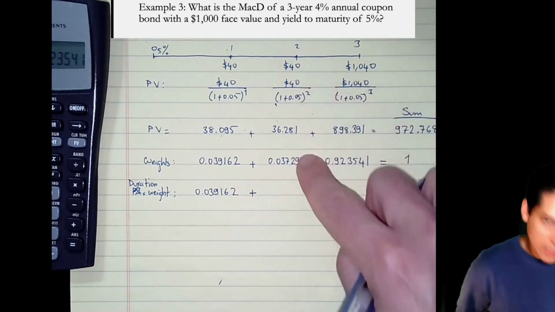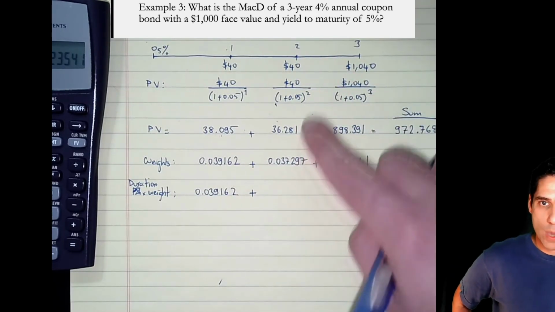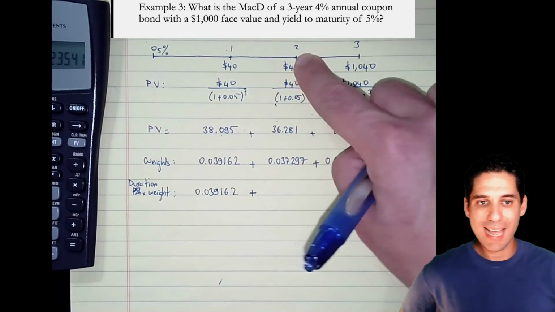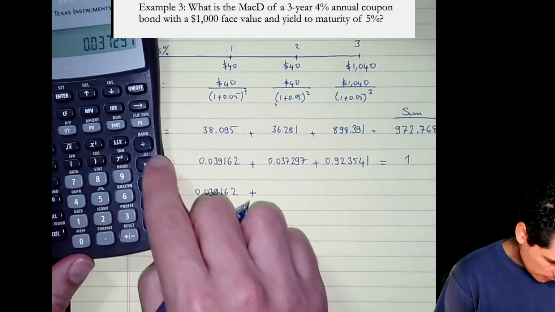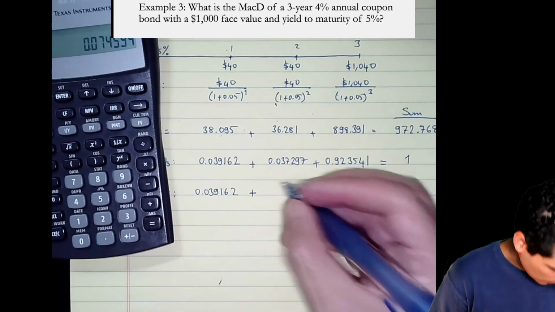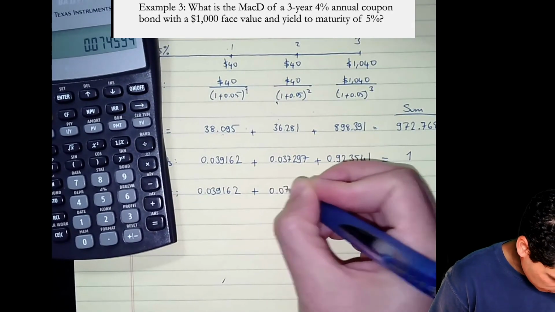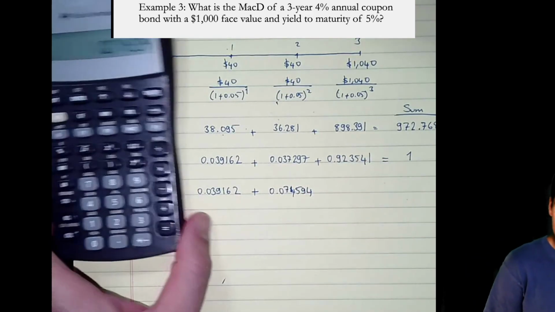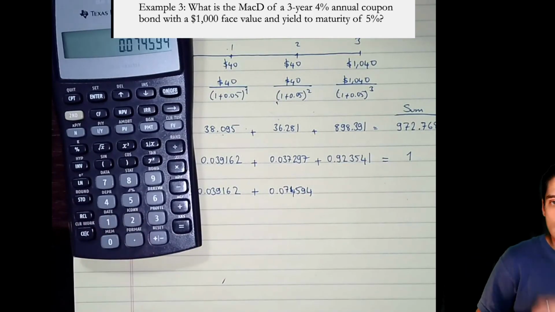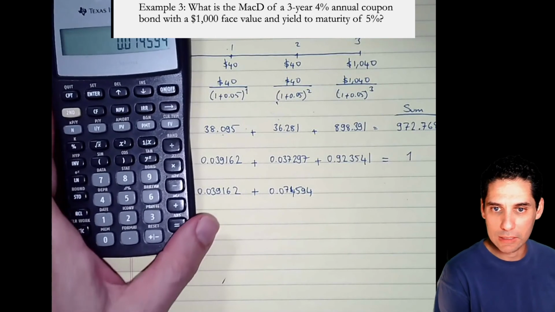Plus, now we've got to multiply the second weight with the time to maturity of that cash flow, which is 2. So we do recall 2 times 2. 0.074594, and now I do store STO2. That's the new number I need in my calculator.